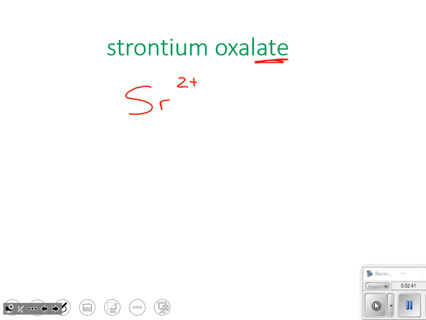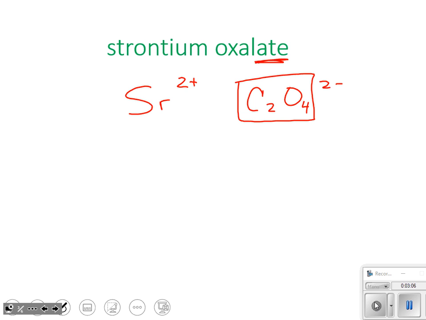That ATE ending tells me I'm going to look at my PAL, my polyatomic ion list. And when I find oxalate on PAL, it is C2O4 2-.